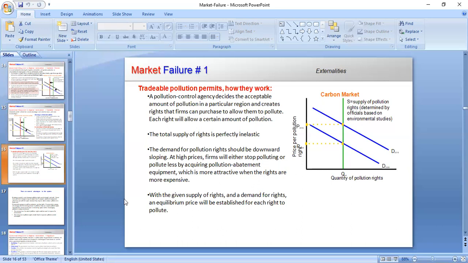So this, what you call tradable permits, where these permits are sold among these polluting farms, is actually what we call the carbon market.